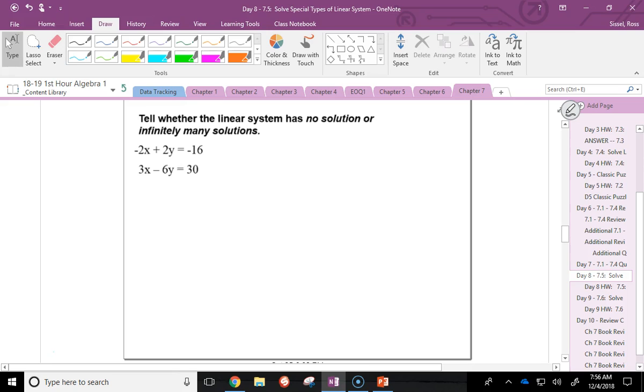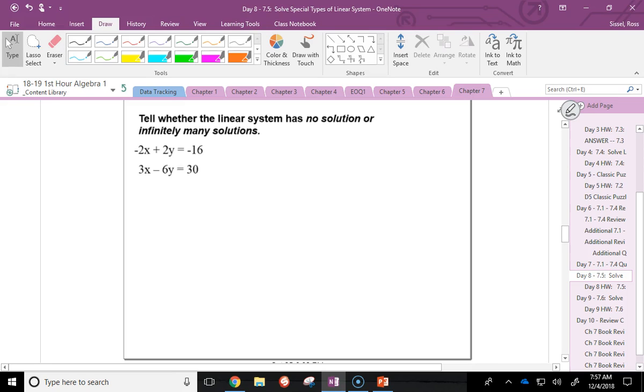So here we go. They gave us a system of linear equations, and I want us to find out if we have no solution or infinite. Can I tell just by looking at the two right now? No. They're almost in standard form. This one can't be because it's a negative.